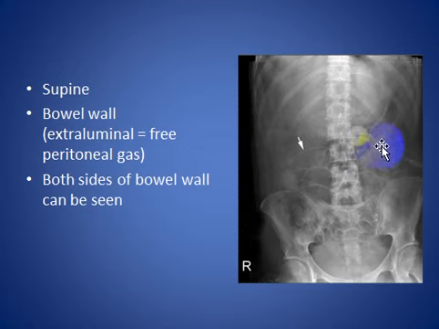As in this supine X-ray, we have pneumoperitoneum and the wall of the bowel is visualized because it is outlined by air from outside and air from inside, and will appear as a white wall, as here, and here.